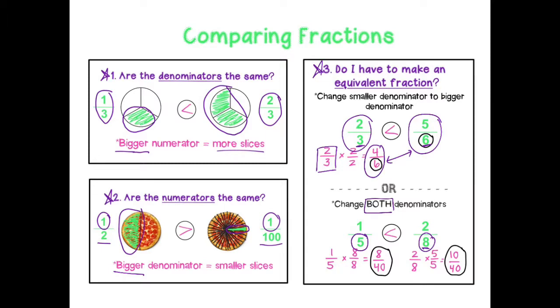In 2/8, I have to multiply by 5/5 to get 10/40. Now both of my denominators are the same, they're in 40ths, and I'm looking for the bigger numerator. So 10/40 is bigger than 8/40, so I put in my less than symbol. 1/5 is less than 2/8.